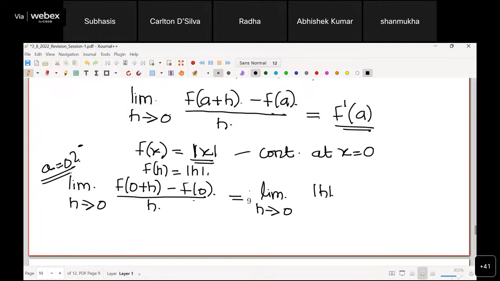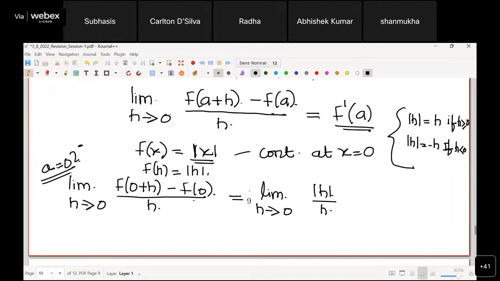So mod of h minus 0, which is mod of h by h. Now here this modulus thing, as I have already said, mod of h is h if h is greater than or equal to 0, and mod of h is minus of h if h is less than 0. Now this will play a huge role to show that this limit actually doesn't exist.